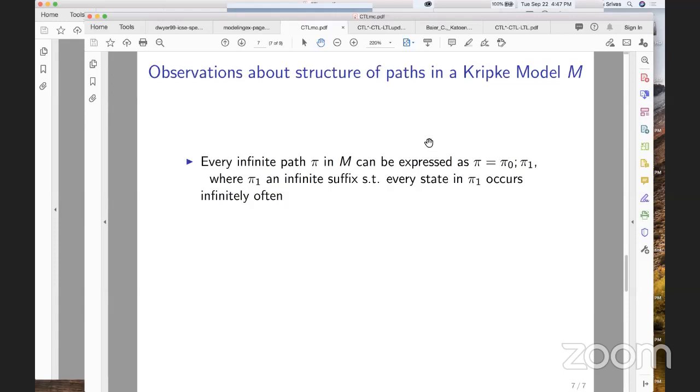This is in reference to the earlier comment I made. It is an observation about the structure of paths in a finite Kripke model in general. Every infinite path in M can be expressed as a finite prefix pi naught, followed by an infinite suffix pi 1, such that every state in pi 1 occurs infinitely often.